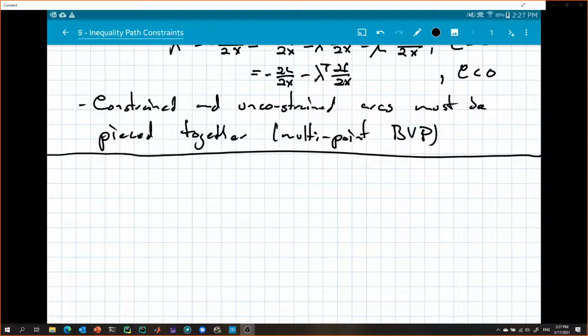So proceeding forward, there's a kind of a side. Remember the undetermined behavior if the switching function was 0. Well, that's a specific case of a more general case, which is a singular arc.